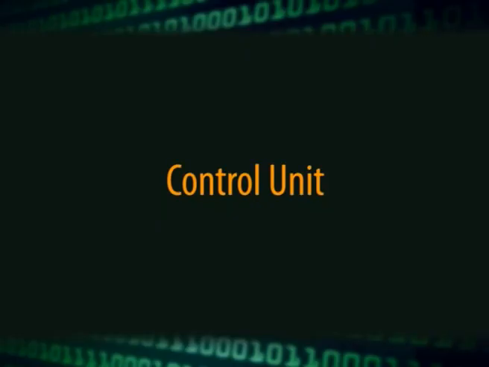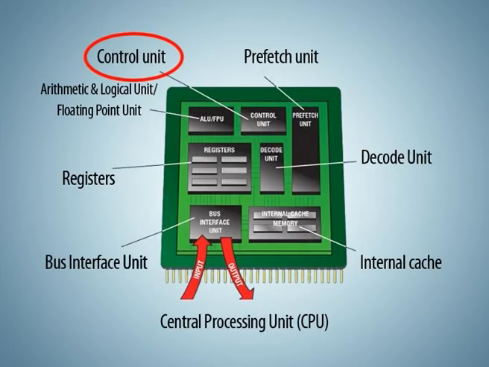The second important component is the control unit, which coordinates and controls the various operations and activities taking place within the CPU. For example, in order for the ALU to perform arithmetic operations, the first step is to transfer the operands from registers to the ALU. The second step is to perform the computation. The third step is to store the result back into the register.